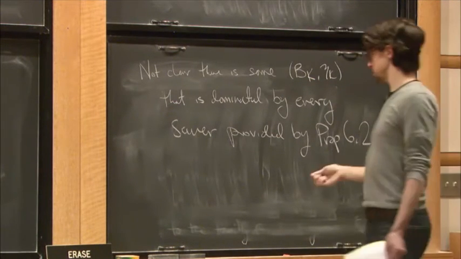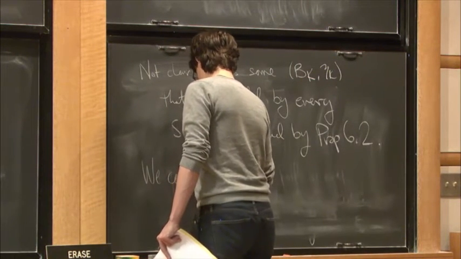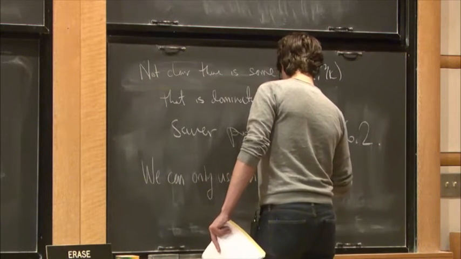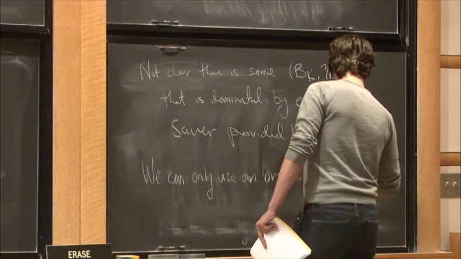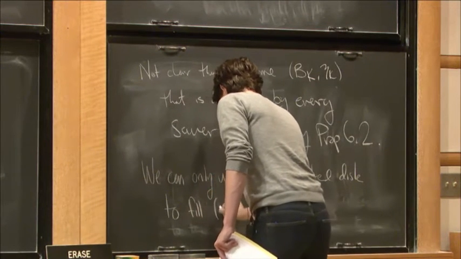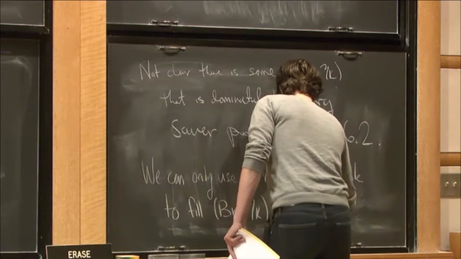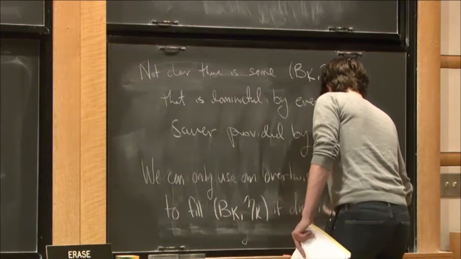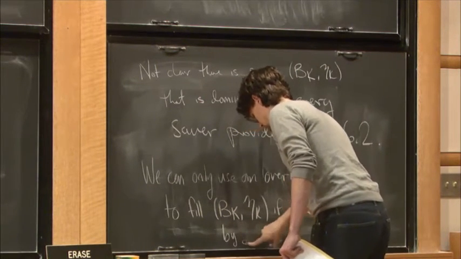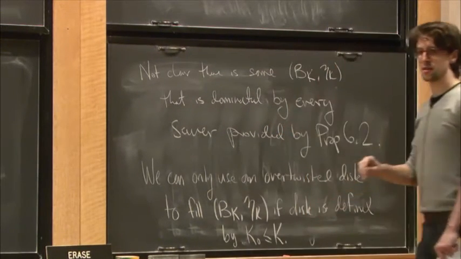And this is important because we can only use an overtwisted disk to fill B sub k, A sub k, if the disk is defined by some k0 less than or equal to k.